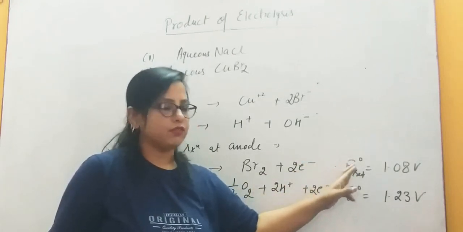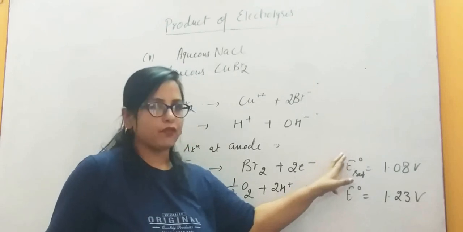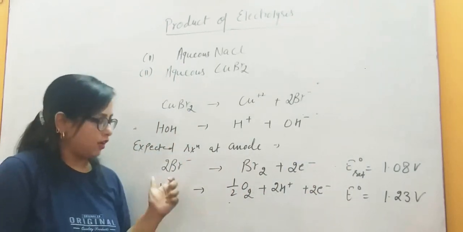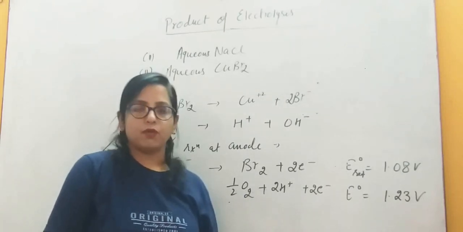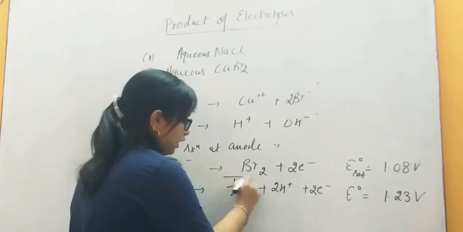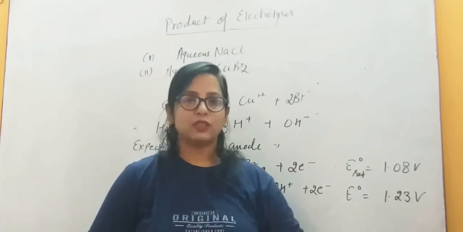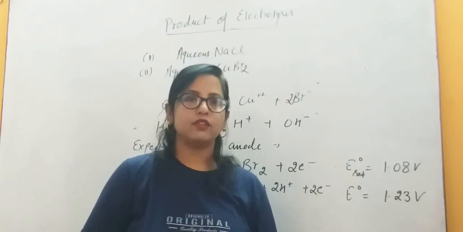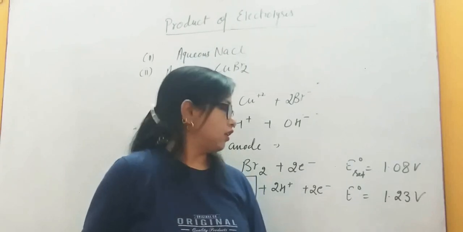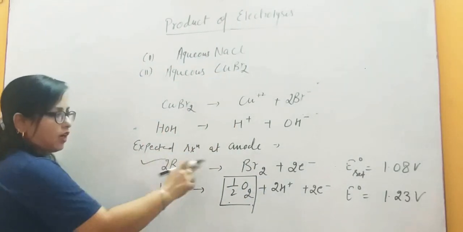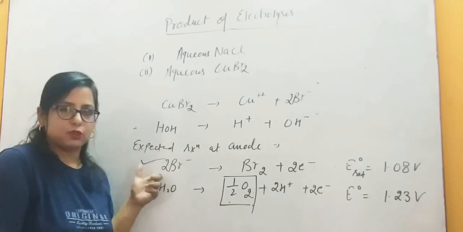This has a slightly higher possibility in comparison to water. And again I am reminding you that oxygen formation is thermodynamically unstable. It is a non-spontaneous process. That's why this reaction cannot occur. So only the first reaction, which has the higher possibility, occurs at the anode and forms its product.